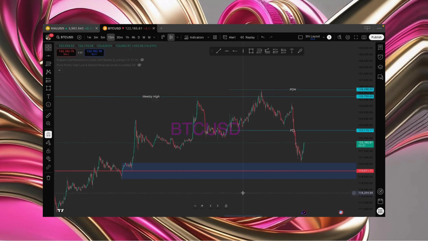I love wick entries, so sometimes I will go down to my 1 minute time frame. I will find a zone there, and I use my 5-minute orb and my supply and demand together because the strategies are interchangeable, and you get demand or supply zones from the 5-minute orb.